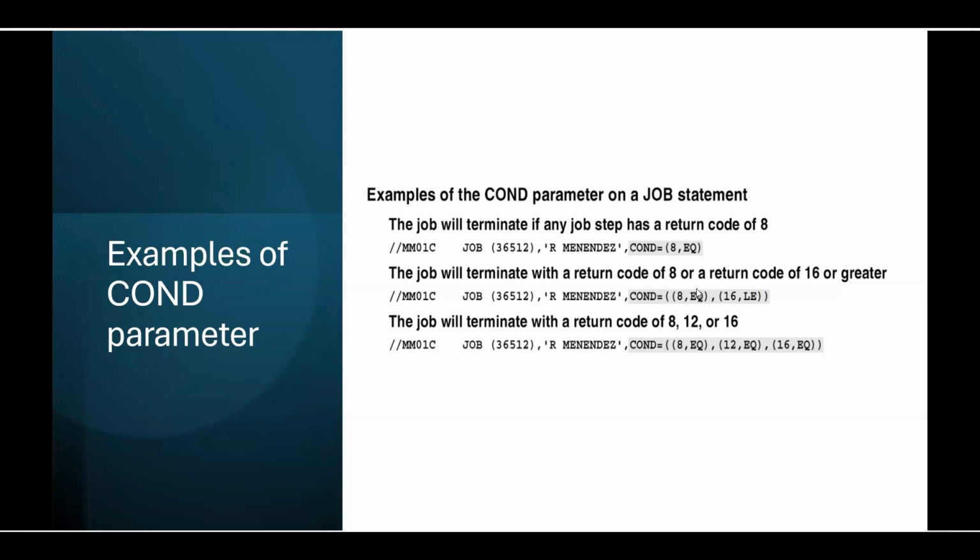The first condition is that the return code is 8, then your job will terminate, or if you have a return code less than 16, then the condition is true and your job will terminate. These are some good examples that you can study regarding this condition parameter.